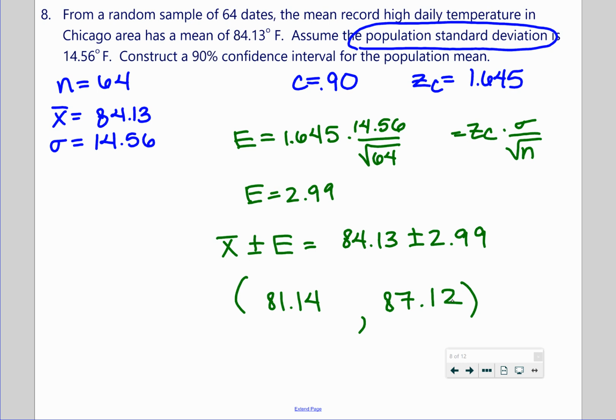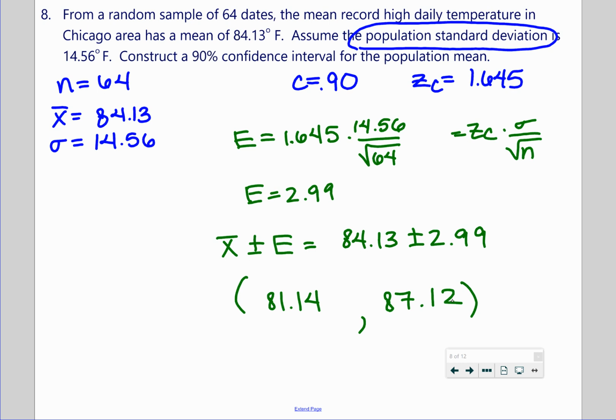So for this value, they use the one between them because it's between negative 1.65 and negative 1.64. They use negative 1.645. And you always use the positive value when you're looking at a critical value. So let's say it was a weird one, like a 92% confidence interval. It means 92% is between the values. So what percent is in each tail?